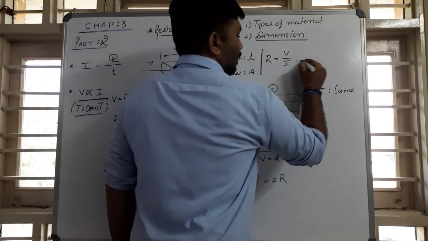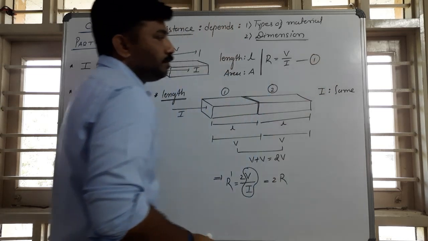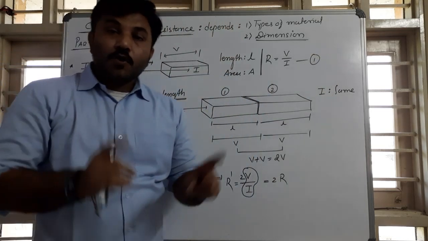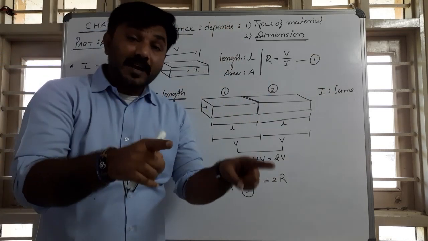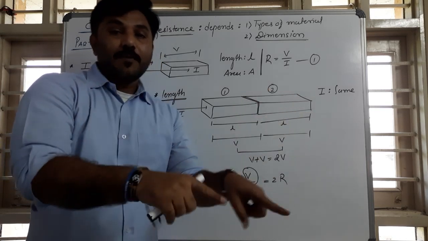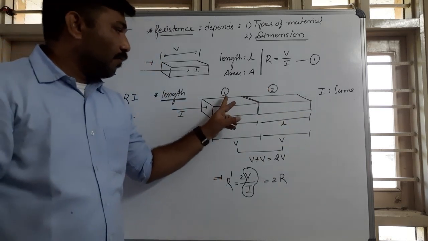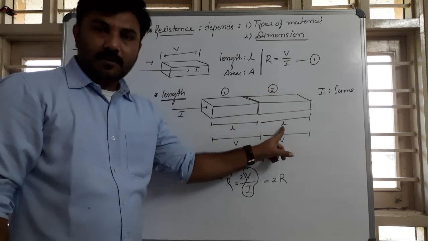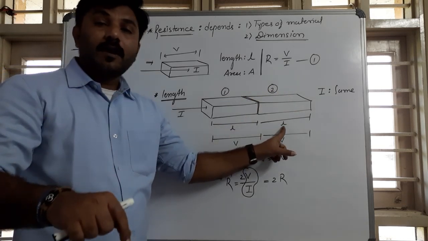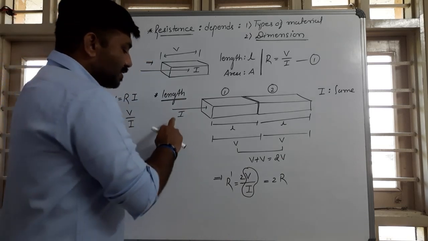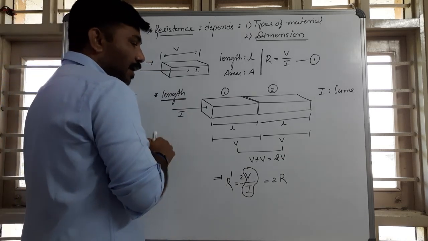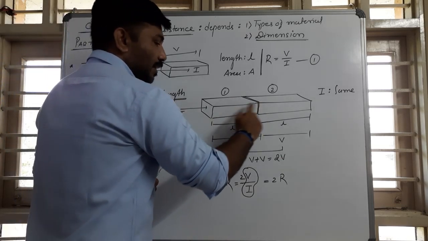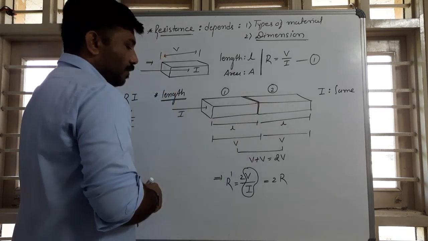Give it equation number 1. Now let us take two conductors having the same length and the same area, conductor number 1 and conductor number 2. The electric current passing through both conductors is the same, right?